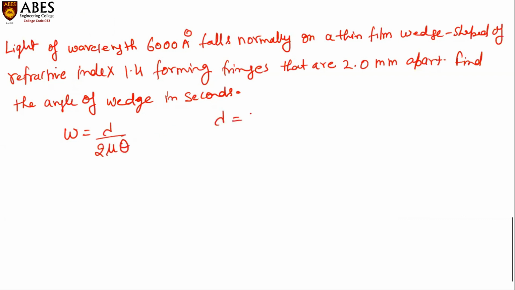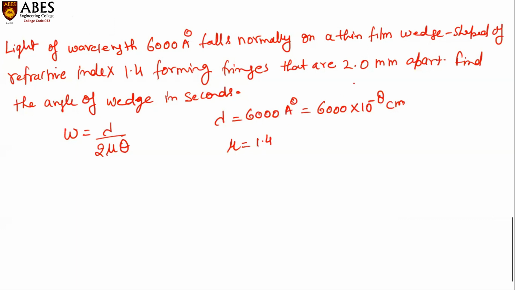We have lambda equal to 6000 angstrom, or we can write it as 6000 into 10 to the power minus 8 centimeter, and refractive index, mu, is equal to 1.4.